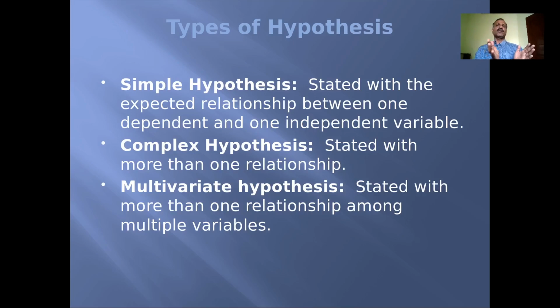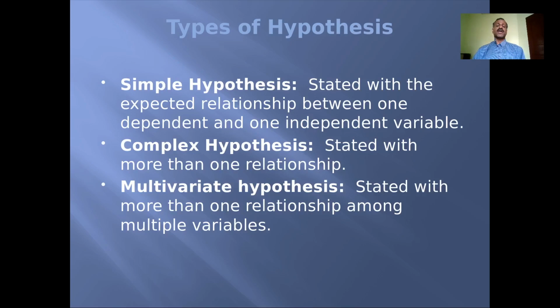That can be significant relations or insignificant relations. So when many types of relationships are formulated in the same hypothesis, that becomes a complex hypothesis.